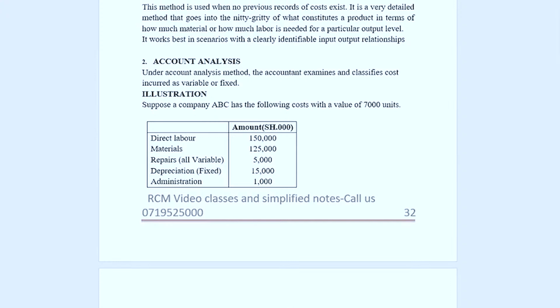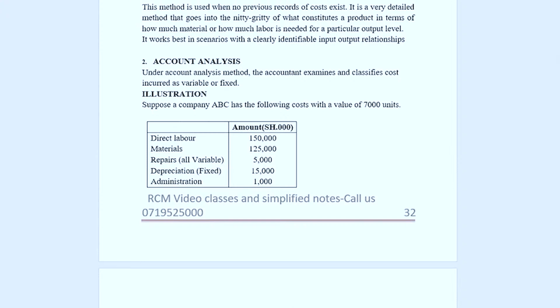We have materials, 125,000. From there we have repairs, all variable, of 5,000. We have depreciation, fixed. They've told us it's fixed. Depreciation of 15,000.